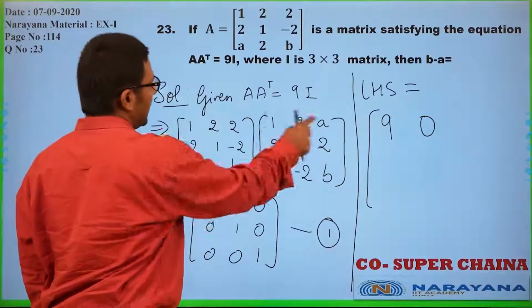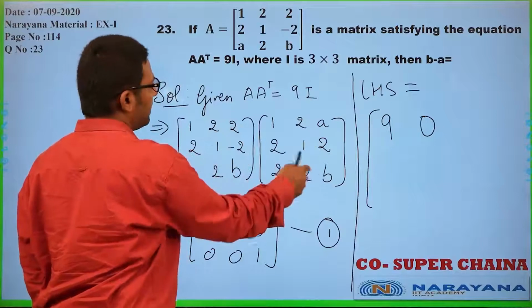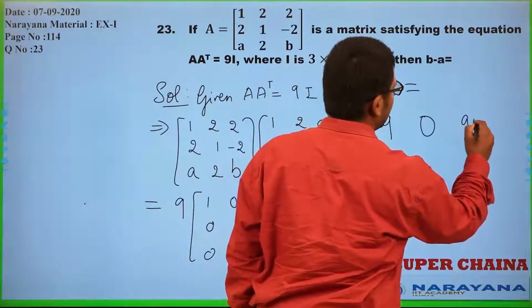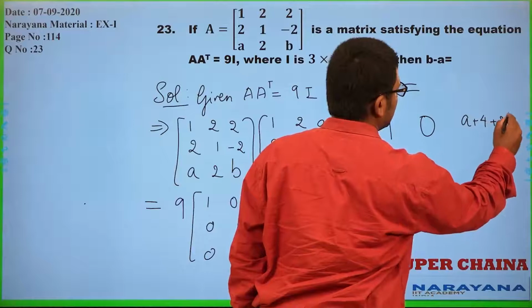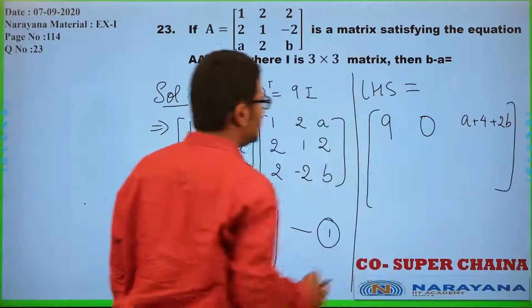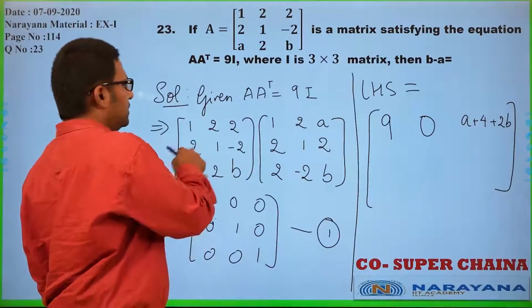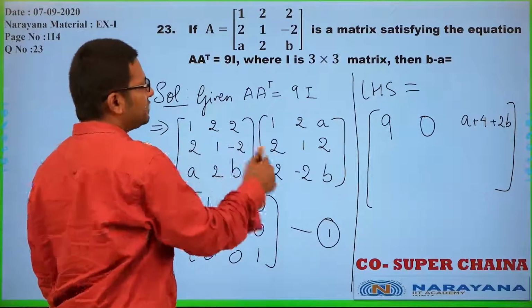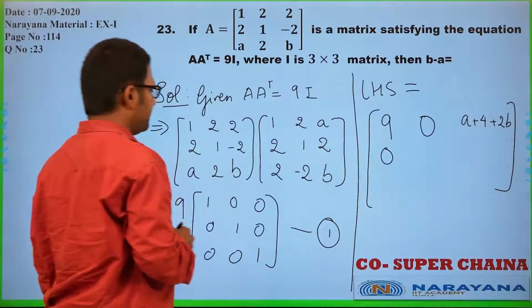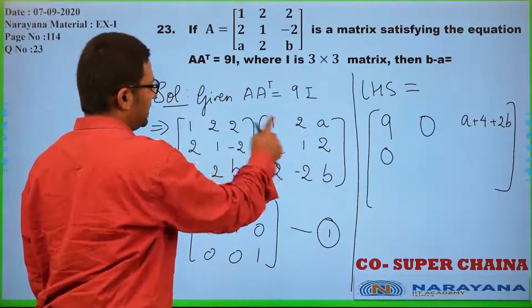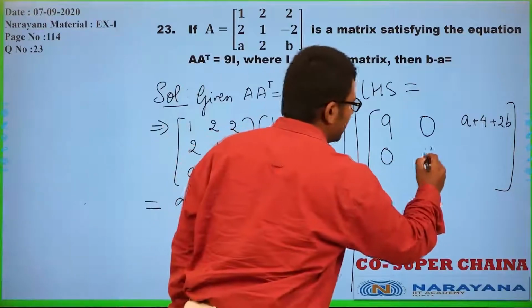Then a plus 4 plus 2b, all right? Then 2 plus 2 minus 4, which is 0, 2 plus 1 plus 4, so 9.